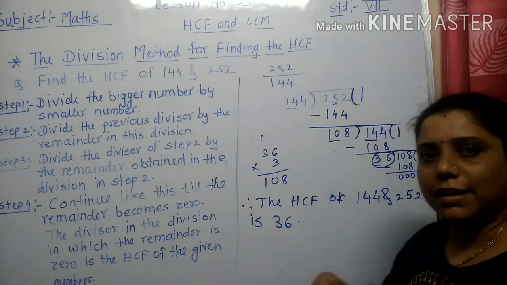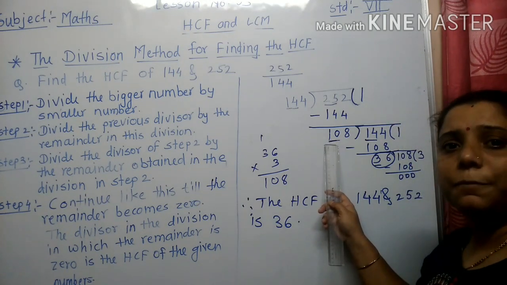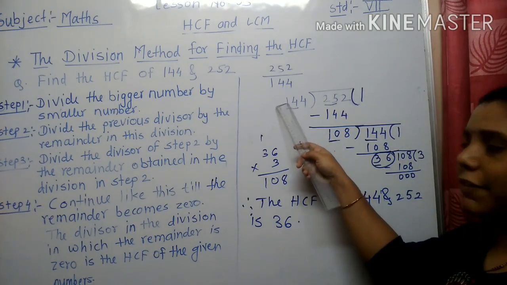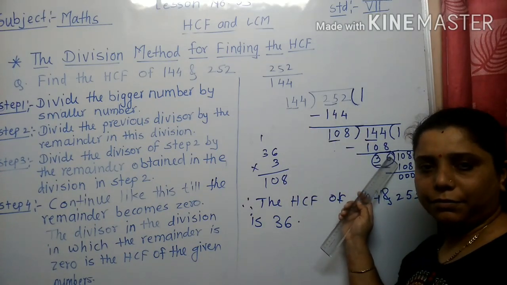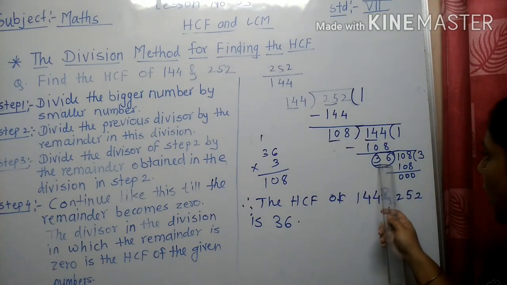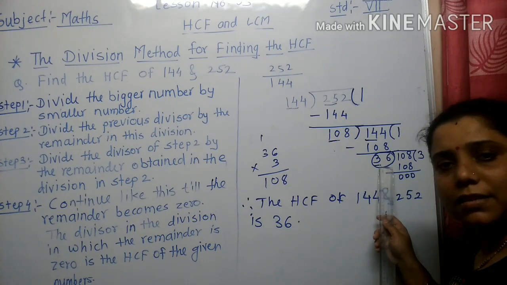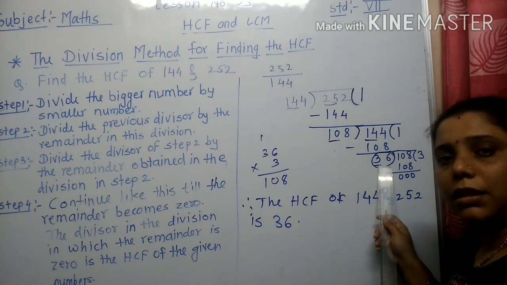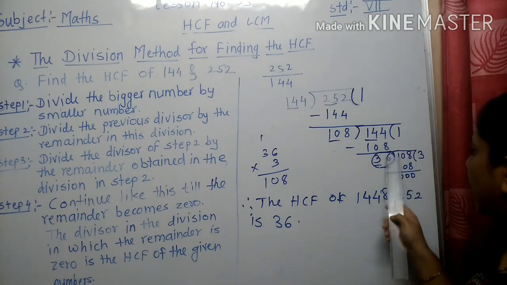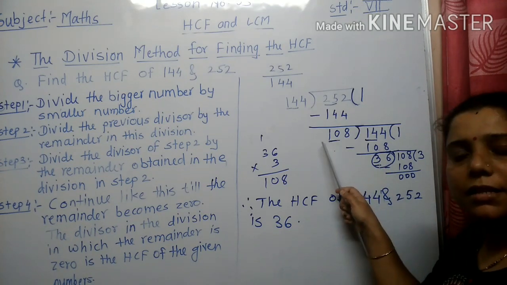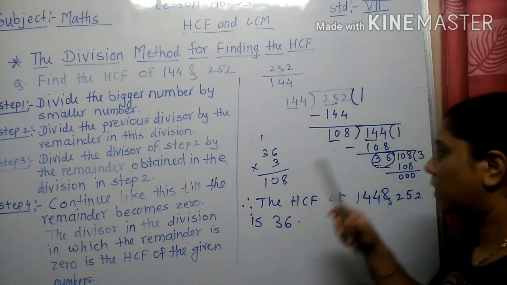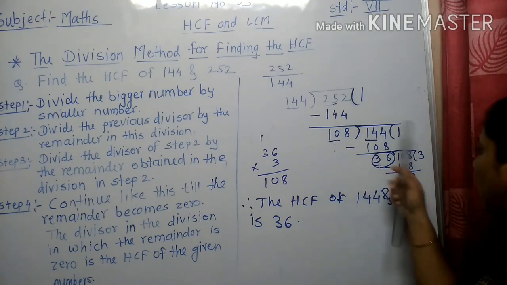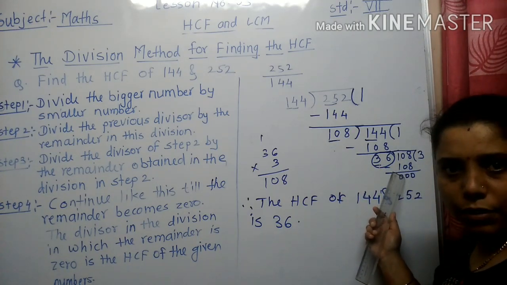Then in the next step, that will become the divisor, and the divisor will become the dividend. Understood? Here also you are getting 36 as the remainder in the second step. In the third step, when you are dividing, I am taking the previous divisor, which will become the dividend over here.